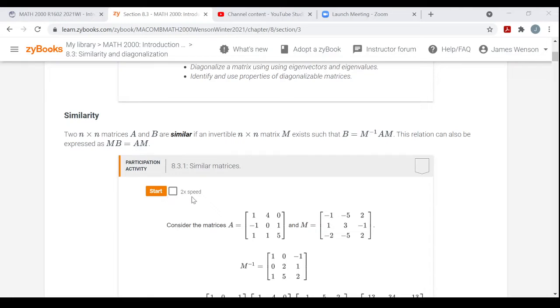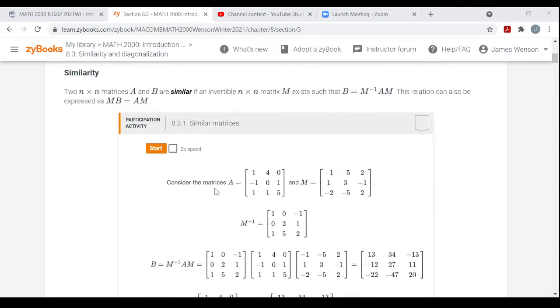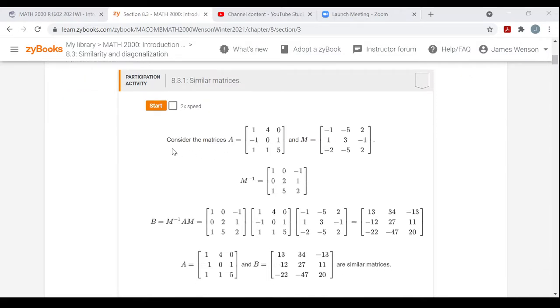Alright, so look at these examples here. I'll just read this first one off. They say here, consider matrix A, this 3 by 3 matrix here, and another matrix M, and this matrix M is invertible, and here they give us the inverse of M. So these two matrices are inverses.